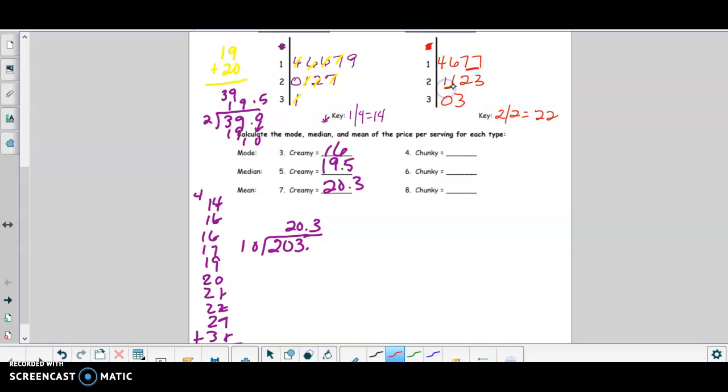We have 17 and 21. If we're going to find the median, low, high, low, high, low, high, low, high. Again, I have 2, but it's the same number, so it would just be 21.